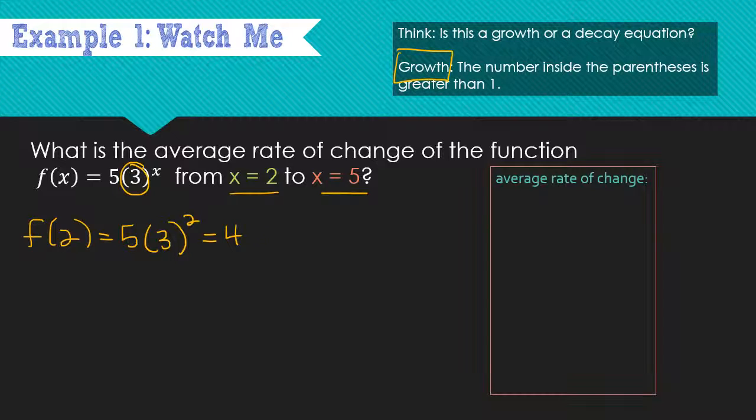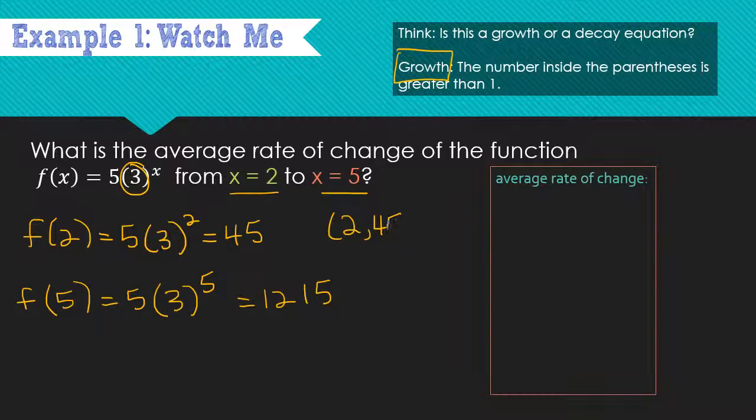We have 45 for our answer, and then when I evaluate at x equals 5, I have 5 times 3 to the 5th. And I end up with 1,215. Okay, so those are my two y values. If you think about this as a point, it's 2, 45, and this is 5, 1215.